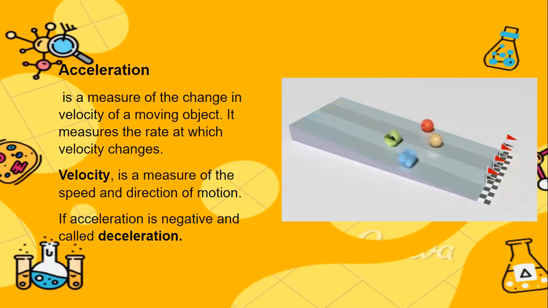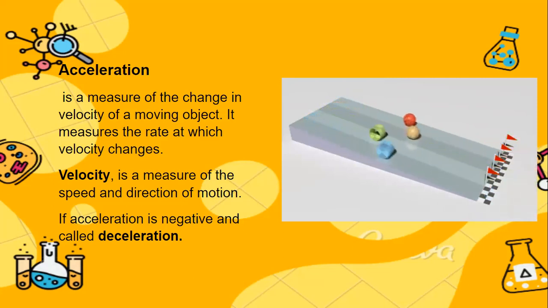And we have a moving GIF here on the right side of the screen. As you can see, we have four different balls going down the ramp. Okay, so meron silang race or mini race na nagaganap. As you can see, these balls reach the finish line at different speeds, no?